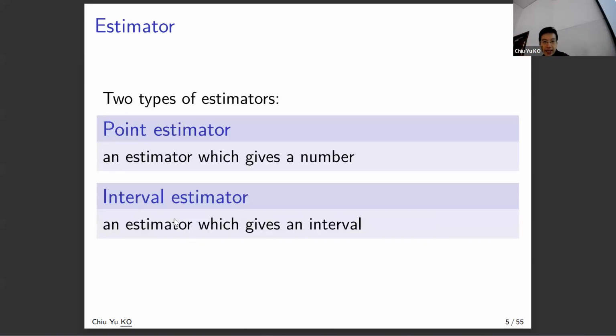As I said at the beginning, there are two types of estimators, point or interval. With a point estimate, I'm just guessing one number. With an interval, I try to give a range.